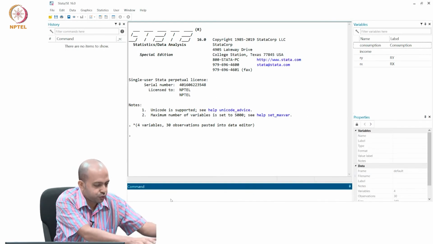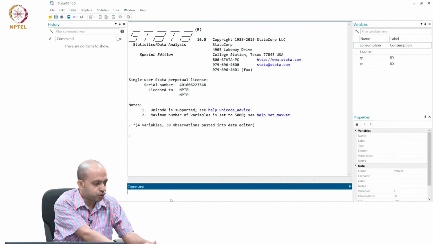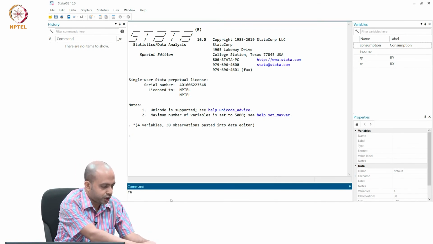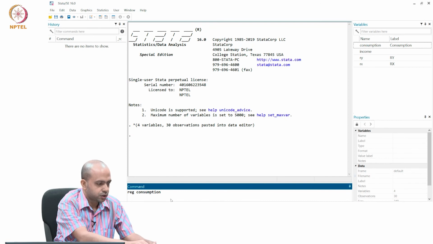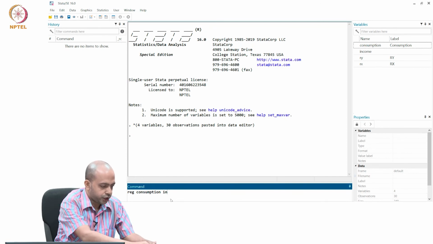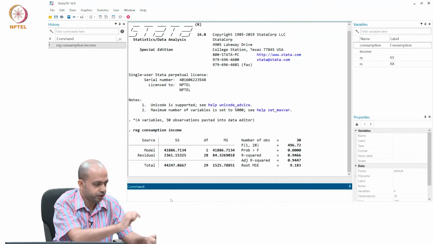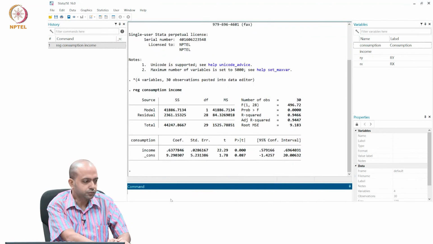So, I have already imported the data. First, you have to run your original model, where the original model is reg consumption on income. This is your original regression.